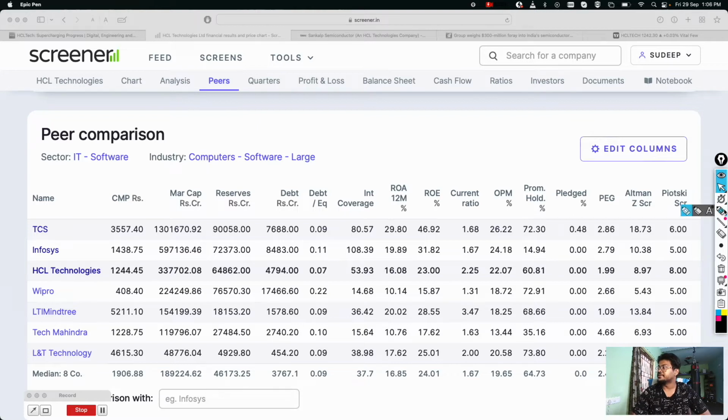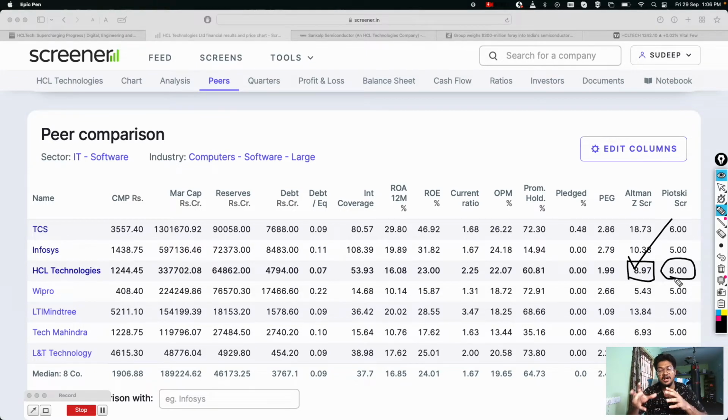Now coming to the Altman Z score, it is 8.97, so almost 9. So we can say that there is very little chance of this company getting into solvency issues. And the Piotroski score is 8. If you don't know what it is, you can just Google it. I'll give you a simple idea.